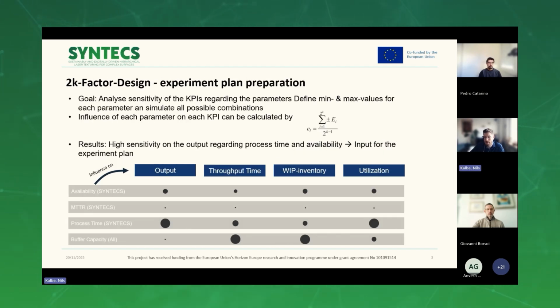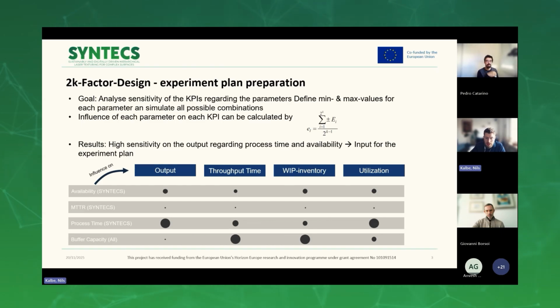Before we can do our simulation study, we need to do some preparations for our experiment plan. There we used a 2^k factor design, whose goal is to analyze the sensitivity of KPIs regarding the parameters we change in the simulation model. Therefore we define min and max values for each parameter and simulated a few combinations to check the influence of one parameter on our KPI.